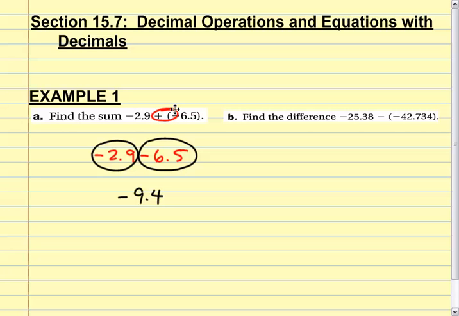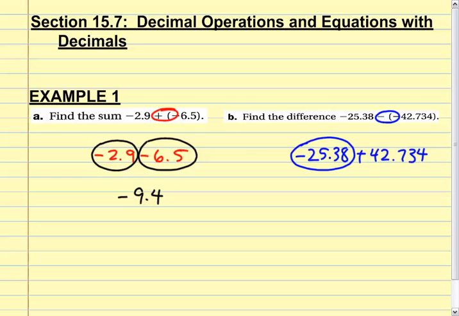Now in the next one, Isabella, what do I need to do first? Okay, tell me how to do that. Yeah, what do they turn into? Good. So now I've got negative 25.38 plus 42.734. Now, Moreau, how many terms do you see there? I see two as well.